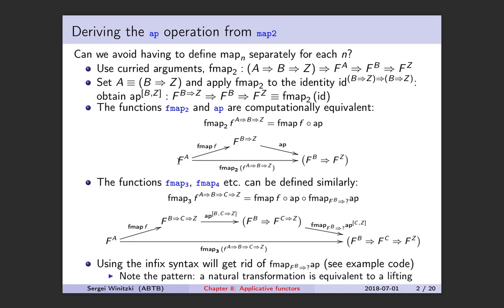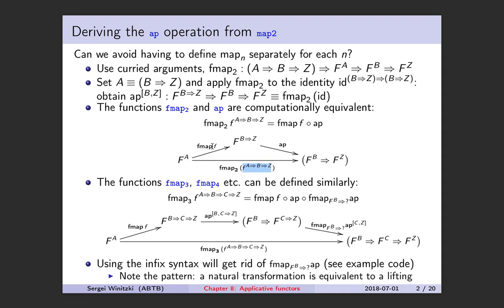The type diagram starting from fa, go by fmap f, lowercase f, has this type. So fmapping it over fa gives you f of b to z. Now you app that, you get this function fb to fz. Or you can directly fmap2 from here to here, and that should be the same. And so clearly app is equal to something like fmap2 of identity, if this is identity.